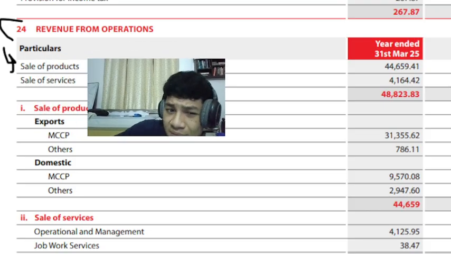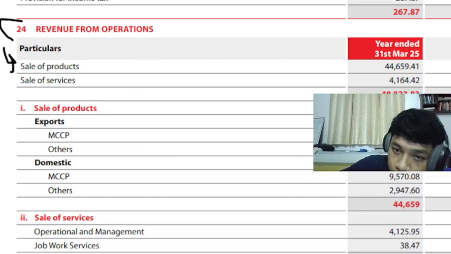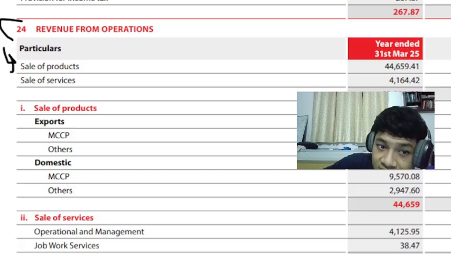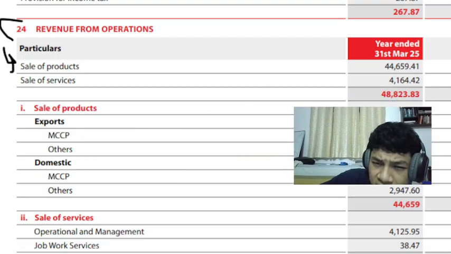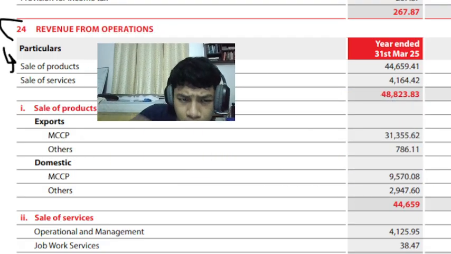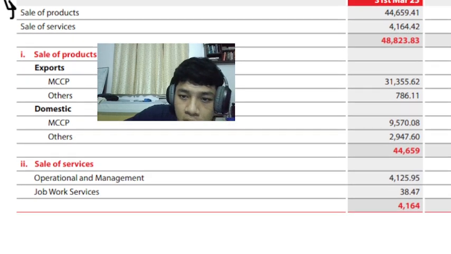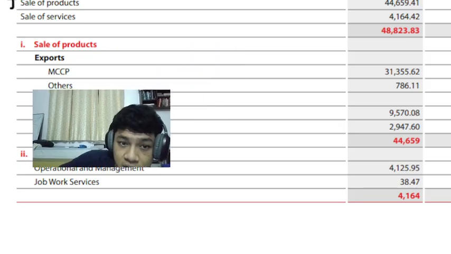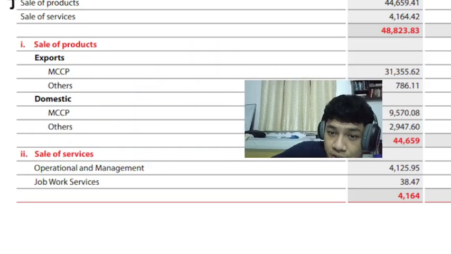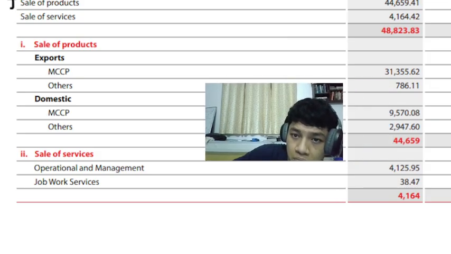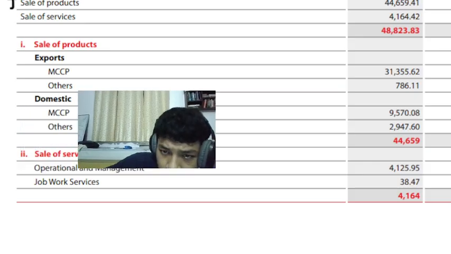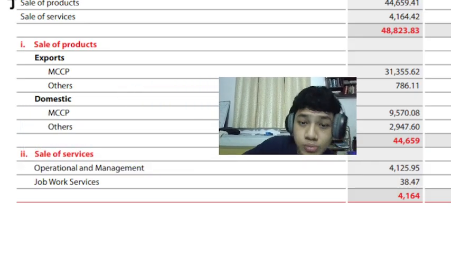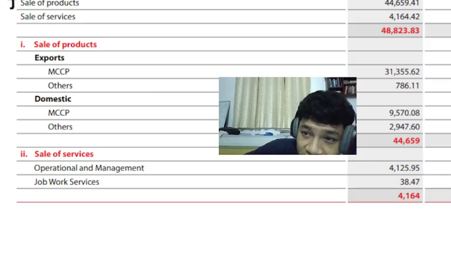Others can be API and all. Then domestic, the majority comes from MCCP, 95 crores. Others are a bigger portion here, 29 crores from other products, APIs most probably, but not sure though. And sale of services, we covered operational and management, 41 crores. And job work services, too small a number, 38.47 lakhs.